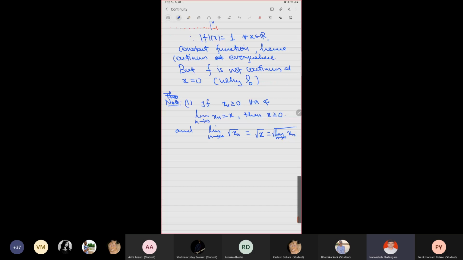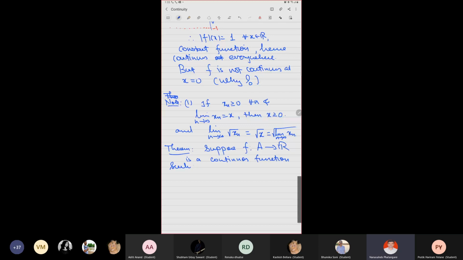Now, we want to think about functions. Suppose f from A to R is a continuous function such that f(x) is greater than or equal to 0 for every x in its domain.